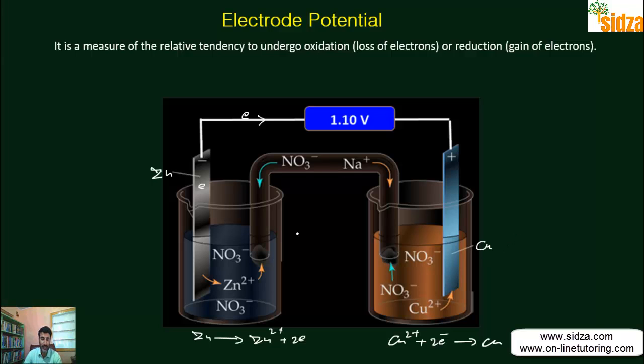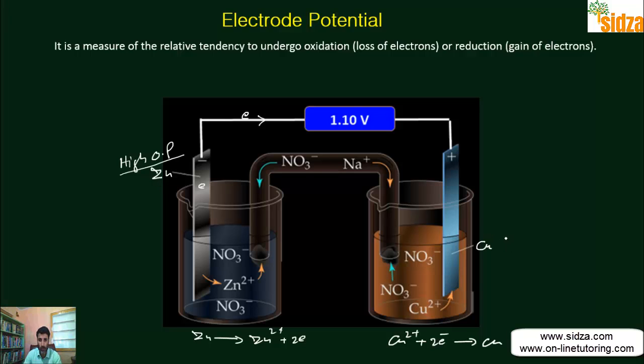So I can say that zinc has a high oxidation potential, because the tendency to lose electrons is called oxidation potential and the tendency to gain electrons is called reduction potential. So zinc has a very high tendency to lose electrons, which means that zinc has a high oxidation potential.